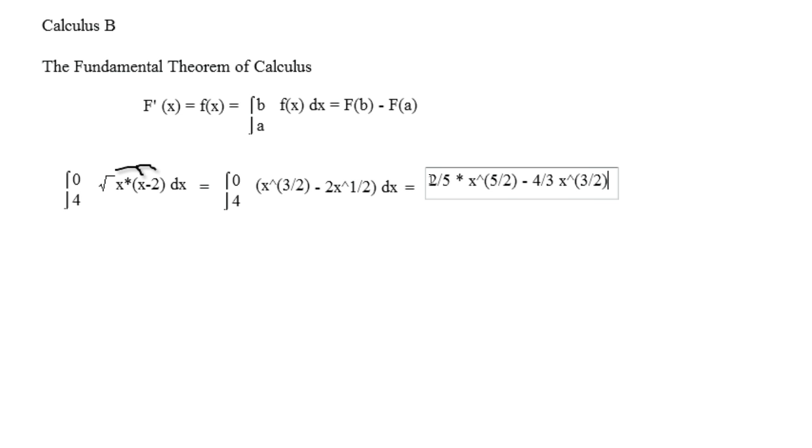Okay, remember the power rule is what we're using here. Okay, and then we have 0 up here, and we'll have 4 down there.